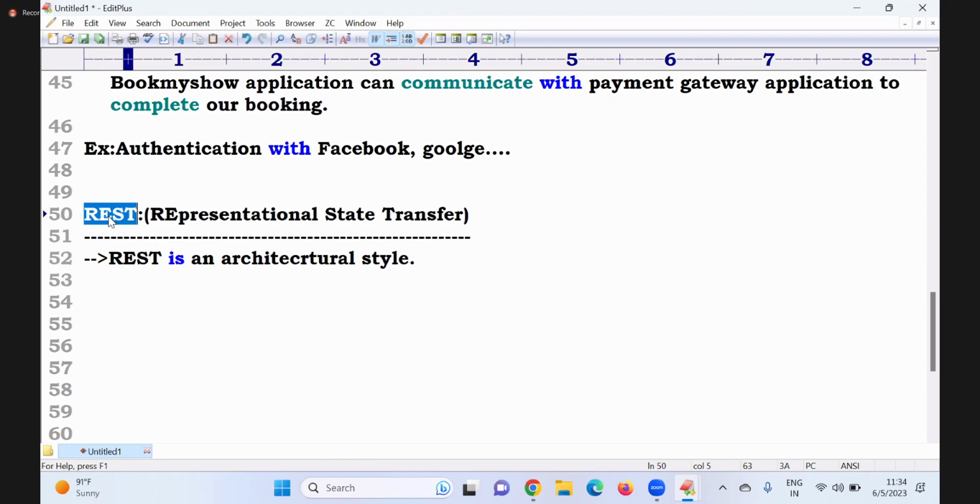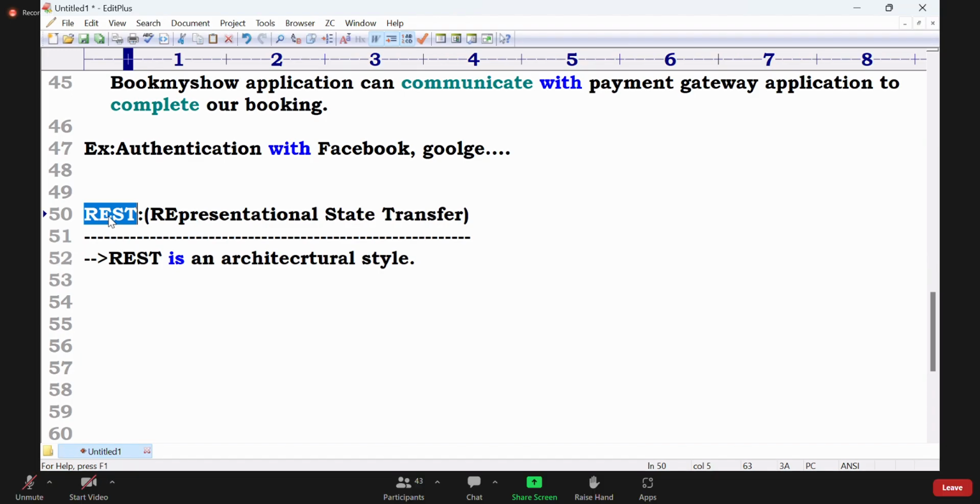What is REST? REST is nothing but a design pattern. What is a design pattern? One architecture. Based on the design pattern, you implement some APIs, and those APIs are nothing but REST APIs, RESTful APIs. REST is not any API. It is one design pattern with some rules.